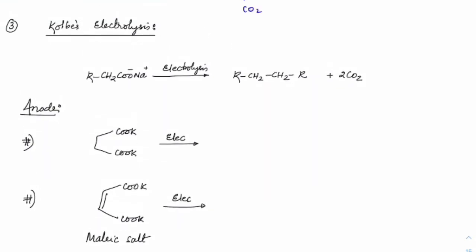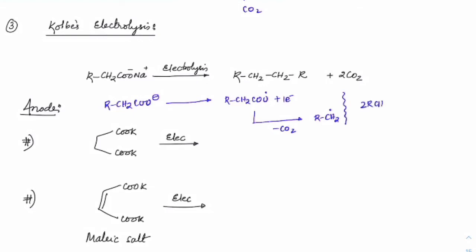Usually what happens, we will see that at the anode RCH2COO minus will oxidize to form RCH2COO dot plus 1 electron, and from this carbon dioxide is removed and we would get RCH2 dot, and these 2 moles of RCH2 dot will terminate to give the alkane. So the alkane formation is observed.